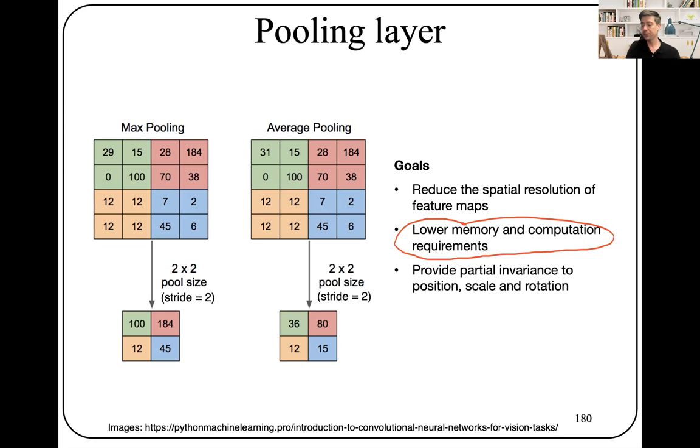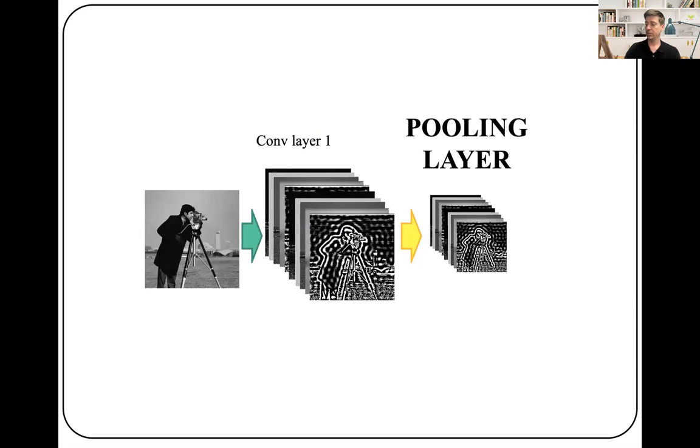When you think about it, even though the number of parameters is small, the output of a convolutional layer is going to be the size of the input times the number of filters that we have, so the number of channels. And if your image is large, or imagine that you have a 3D volume, volumetric data, then multiplied by the number of channels, that can be quite big.